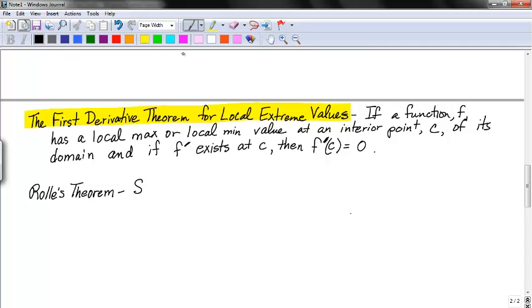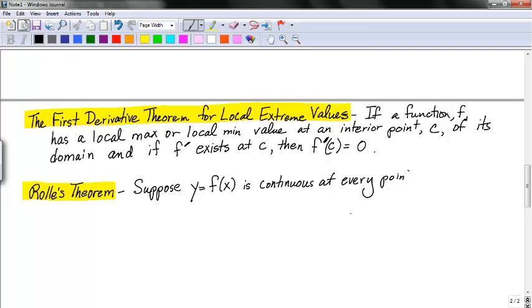Rolle's theorem says, suppose y equals f of x is continuous at every point of a closed interval AB.